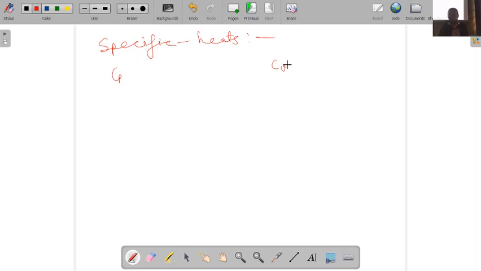This is the general definition. You can supply this energy either at constant volume or at constant pressure, and depending upon the condition, the amount of energy supplied will be different.